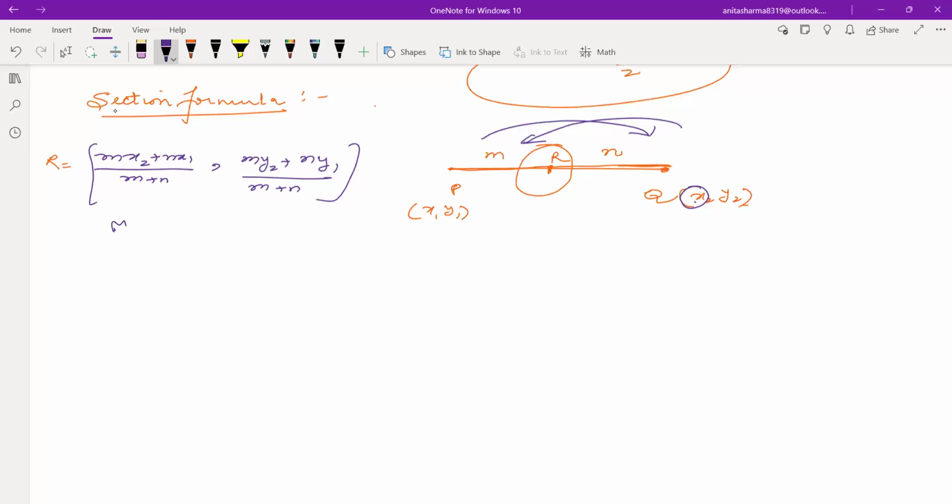So midpoint C. Suppose PQ line is there and it is divided by any point R. Now midpoint is there, they are saying. It means in equal ratio. So they are dividing in ratio 1:1.